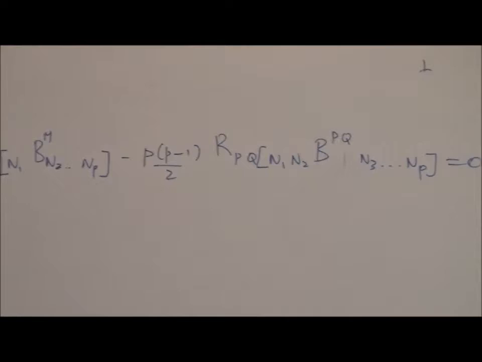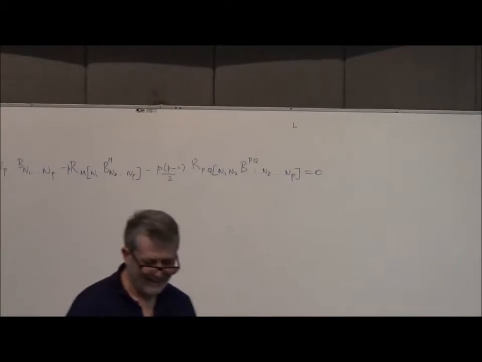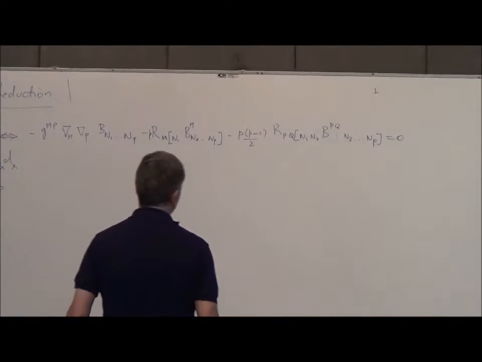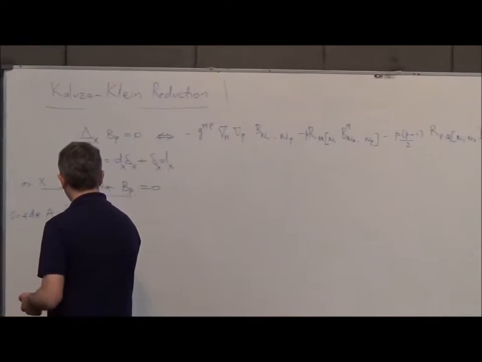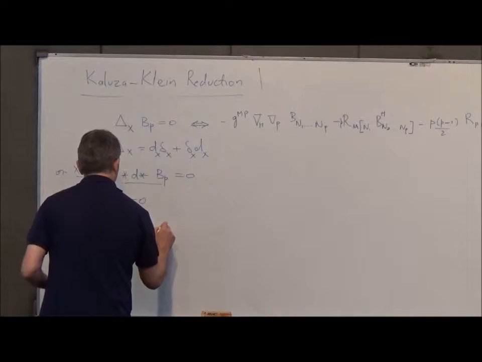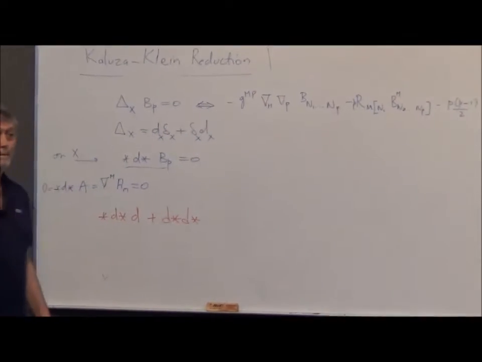Okay, so how would you have guessed that this was the right thing to write down? One way to guess is just from this object. Remember, this is star D plus D star acting on the form.